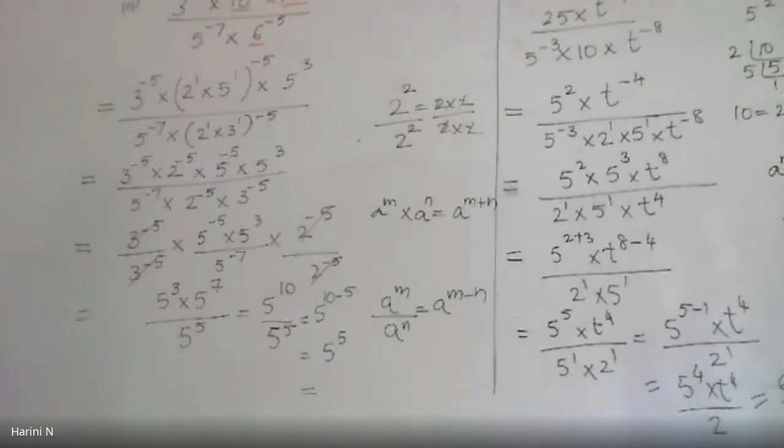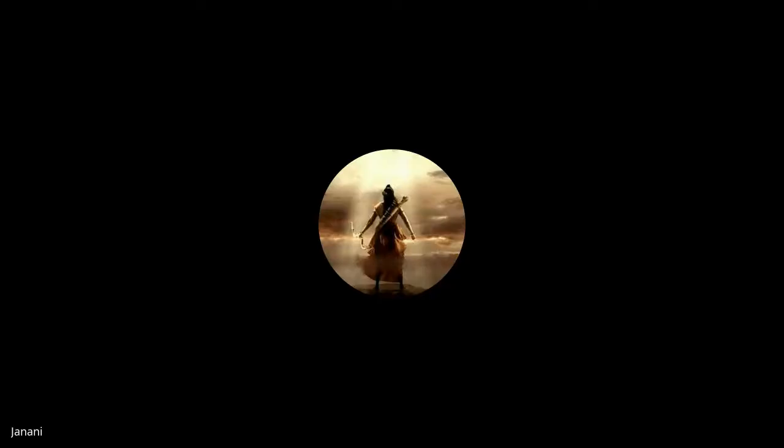Come on, tell me what should be the answer? 625 into 5. Quick. 3125. 625 into 5.